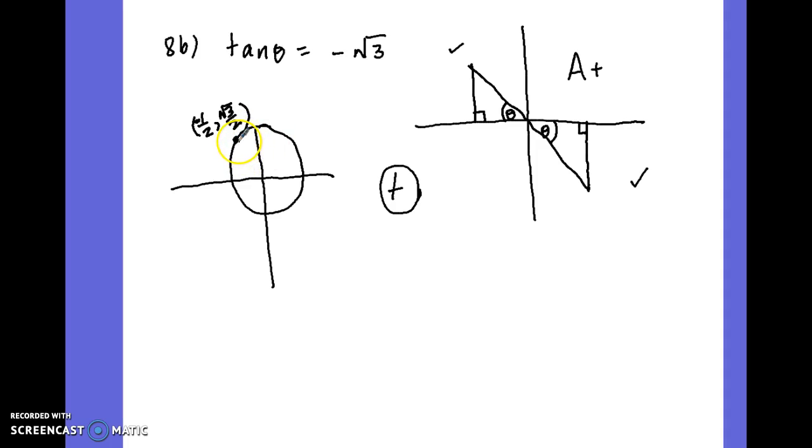There's an angular position for that, like that. So this, kind of like a radius of a circle, would represent this right here. You want it to be negative.